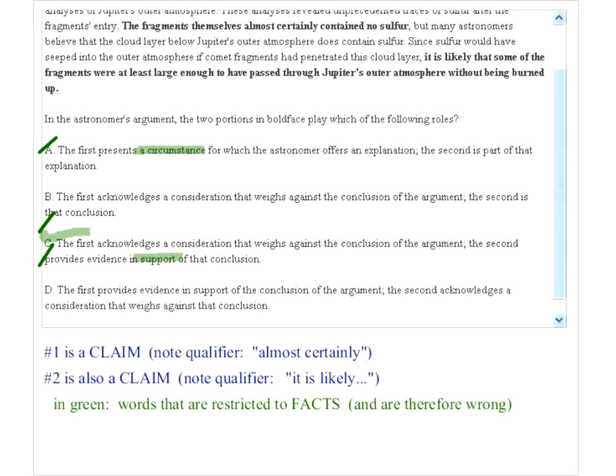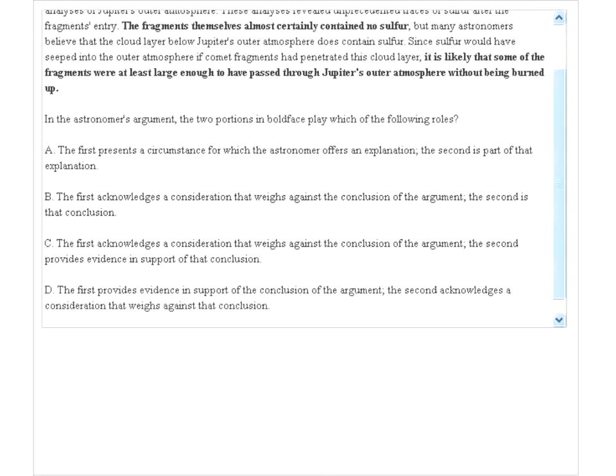All right, so let's grab this and take it to the next screen. Let me show you a flow diagram for this problem. So remember, you want to abbreviate. If you try to put all this stuff into a flow diagram, it's going to kill you. So observations showed the comet broke into fragments, but did not show how big the fragments were.